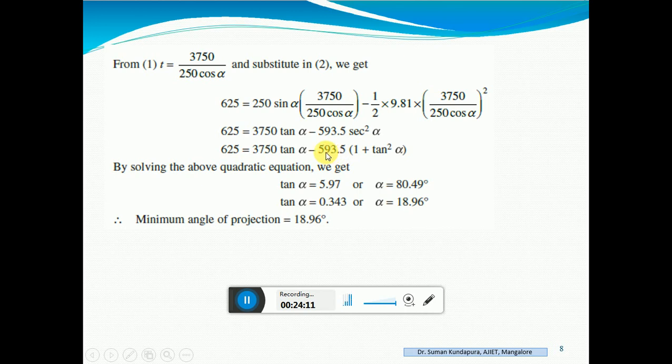You open up these terms, that is 1 constant, 593.5 you will get, minus 593.5, and you can further reduce the equation in terms of tan squared alpha, that is minus 593.5 into tan squared alpha plus 3750 tan alpha minus 1 big term you will get. So you will get a quadratic equation.